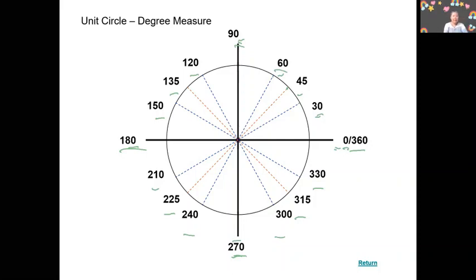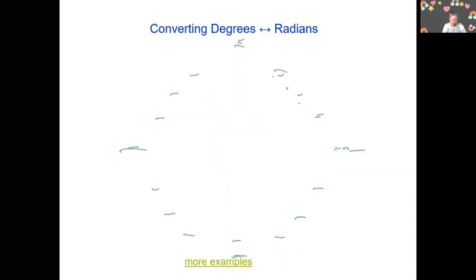Okay. Then not only these certain crucial points all over the circle, we should be able to convert from one system to the other, right? So now we can do any angle, not only those standard positions, the crucial points on the circle, and we can convert from any degrees to radians and any radians to degrees, right?